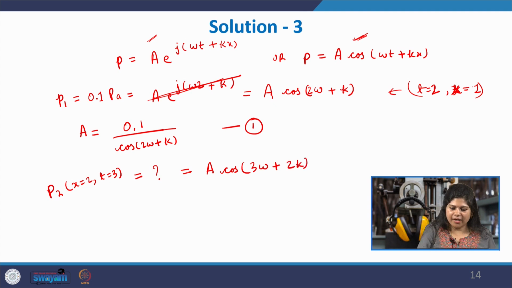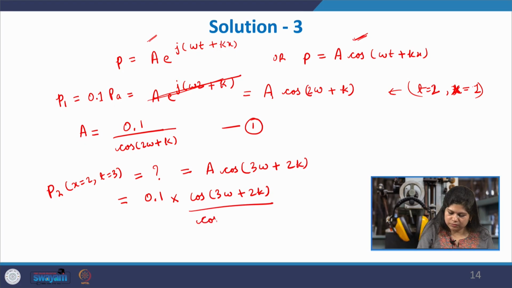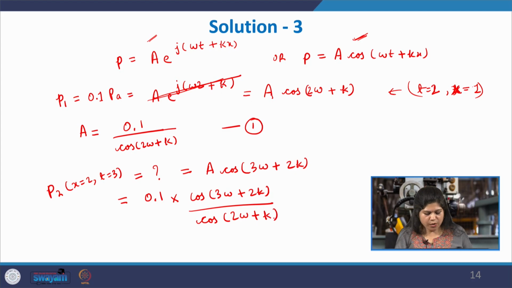We have already found A from the previously given pressure, which is 0.1. So, if you substitute A from equation 1, you get this.